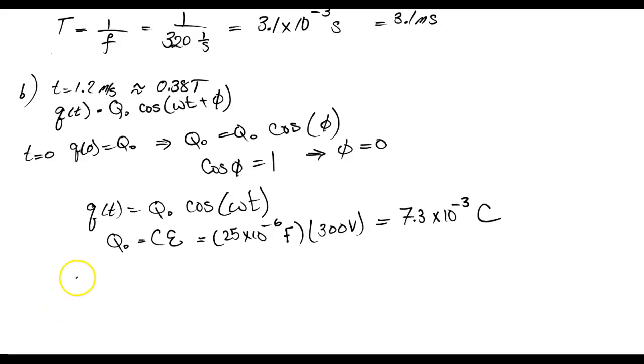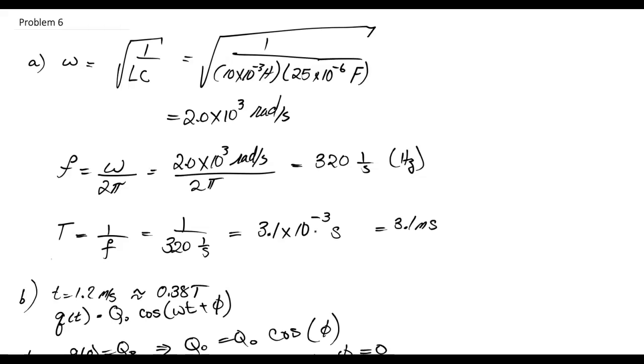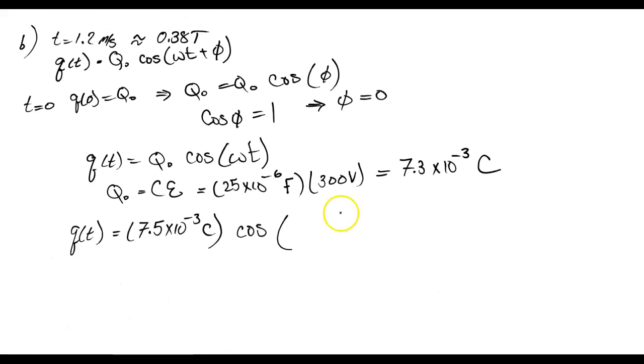And so q of t now becomes 7.5 times 10 to the minus 3 coulombs times cosine of omega t, but we know what omega is. So 2.0 times 10 to the third radians per second times t.